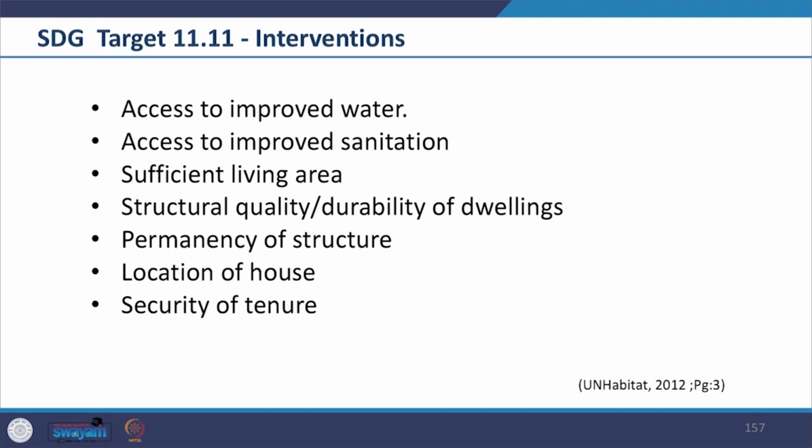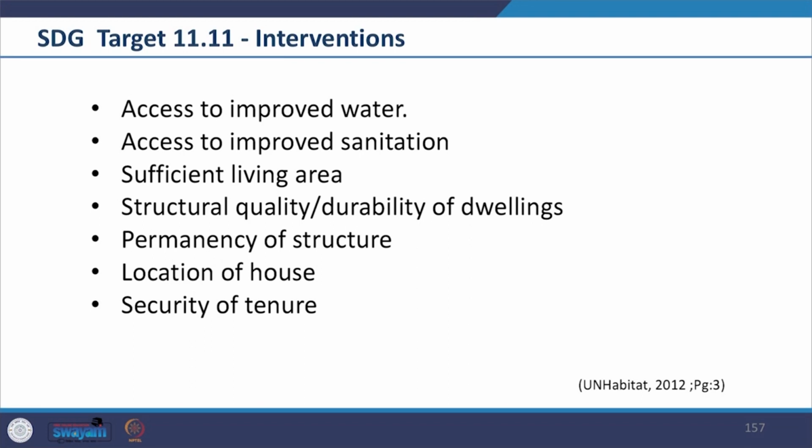Then we see the structural quality and durability of the dwellings. While we see this, we look at the permanency of the structure, or what kind of building materials are there. We also see where it is located: it should not be located on or near toxic waste, in the floodplain, on a steep slope, or in a dangerous right of way of rail, highway, airport and power lines.